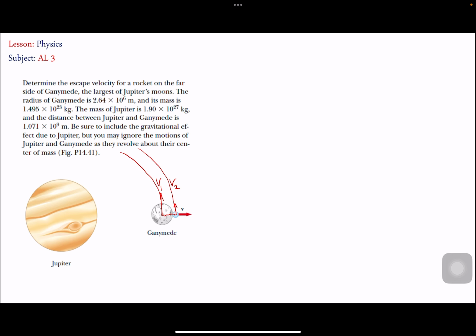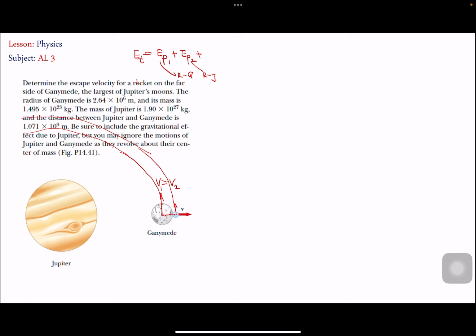The total energy of the rocket has the potential energy between the rocket and Ganymede, plus, of course you have to calculate in terms of minus here, the potential energy between the rocket and Jupiter. And the third energy is the kinetic energy of this rocket, because it revolves with Ganymede around Jupiter. So these two velocities are the same.